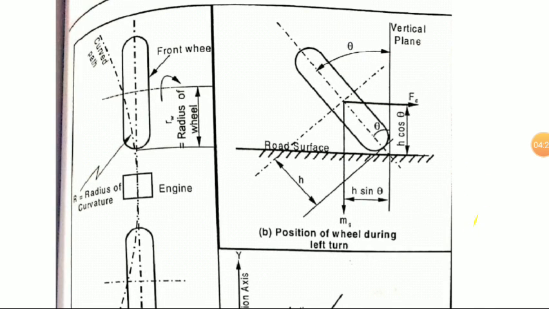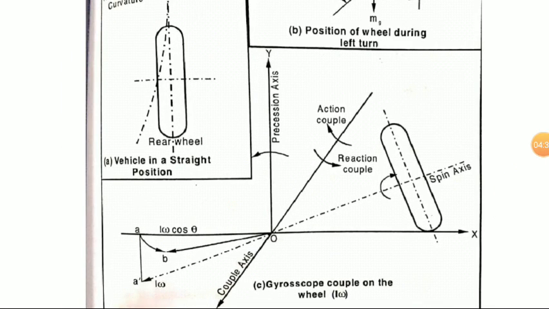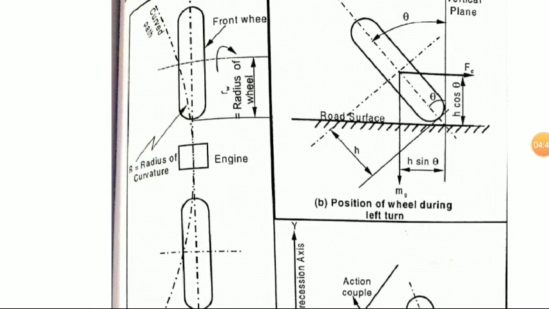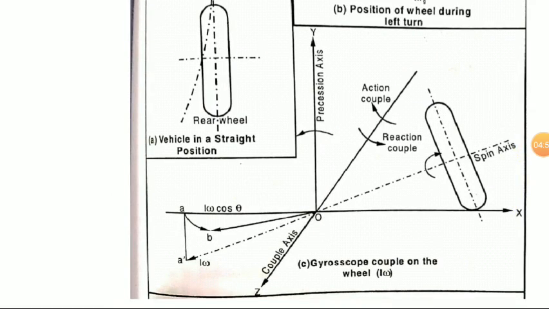Considering the triangle here, you can see the axis OX, and solving for this angle theta, the angle of heel, you can see the same angle theta occurs here between OX and the new spin axis. The original axis is OX, and the new spin axis is shown as a dotted line.